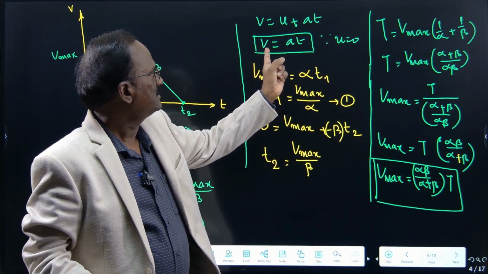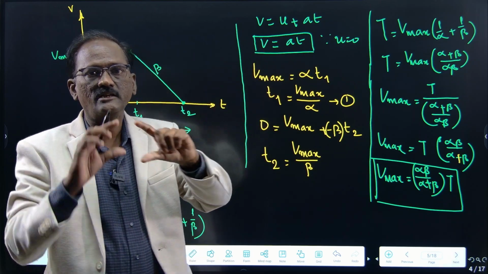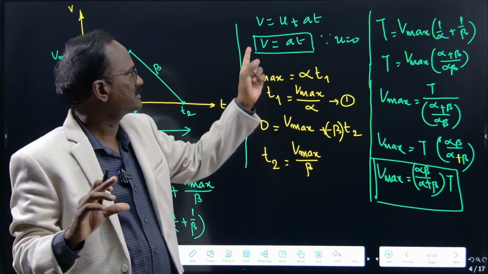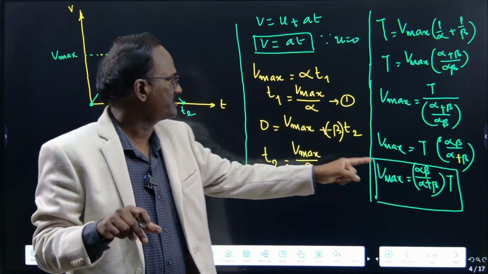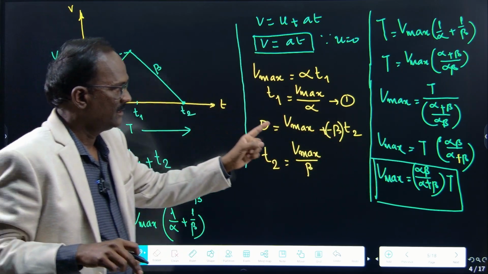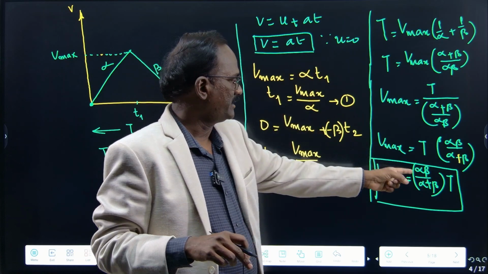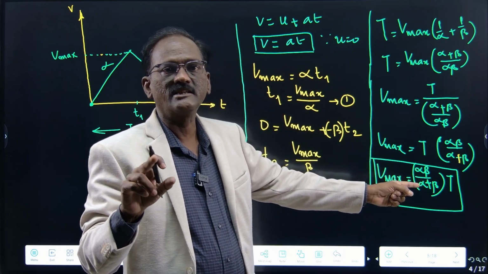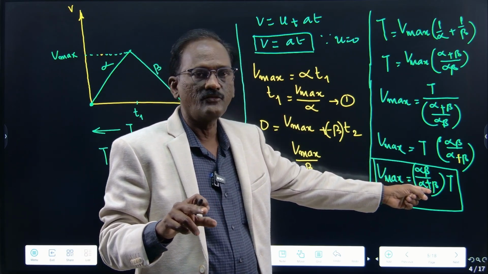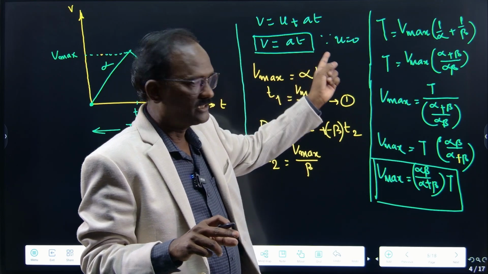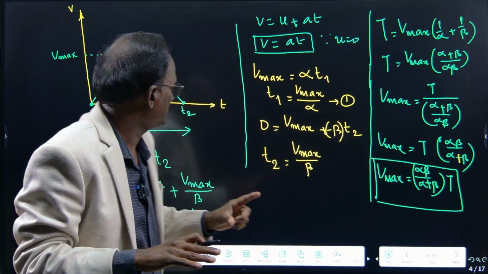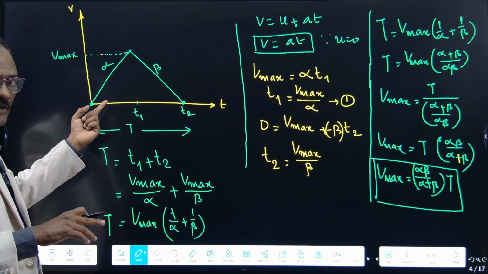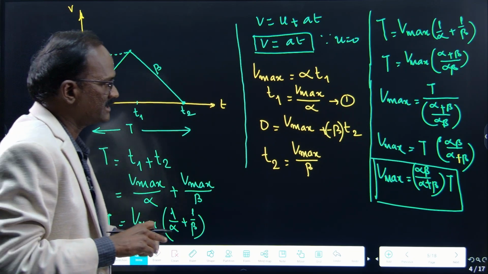Instead of V, usually under kinematic equations we have studied final velocity, but here it is maximum velocity, this point. And this is A, but it has both acceleration and deceleration, alpha beta divided by alpha plus beta. It is small t, but it is capital T. That indicates it is the total time of journey for both acceleration as well as deceleration, right?